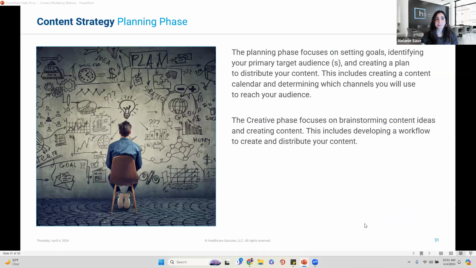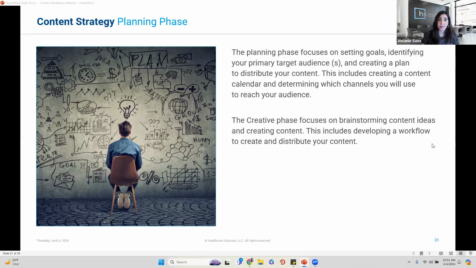So that was essentially the discovery phase. Moving on to the planning phase, focusing on setting goals and identifying your primary target audiences. Again, you learned about your audiences, but when it's time to plan, as I said, we have a lot of different audiences and you want to target them for the pages that you're writing.